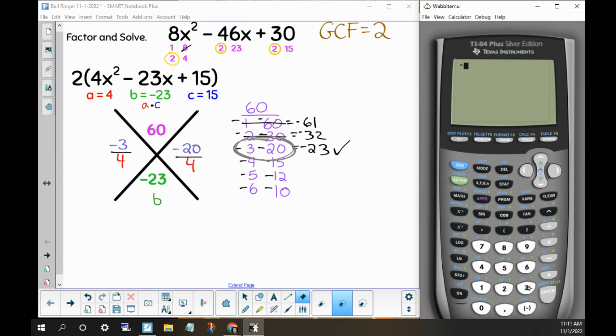So we got negative 3 divided by 4. I'll hit the math button and hit enter and enter. All right, so this will be negative 3 over 4, as you see on our calculator. This is in its most reduced form. Now, if we do negative 20 divided by 4, and we hit math, enter, enter, that'll tell us that this is negative 5.